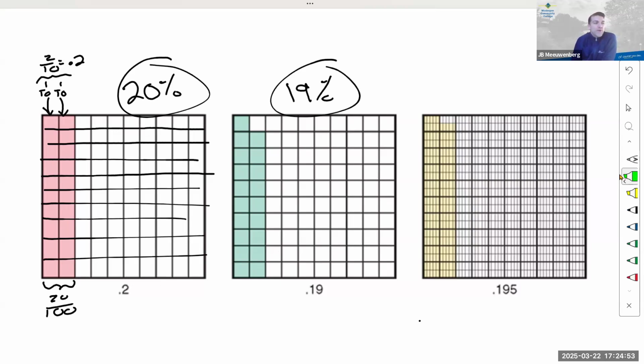If we start our focus by looking at these squares right here, we know that each one of those squares, like we saw over here and up above, each one of those is 1/100th, or 0.01 written like that.